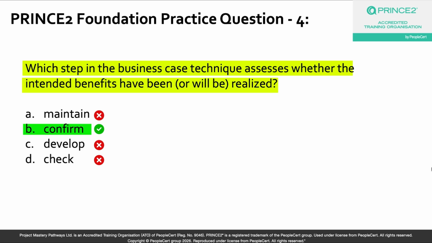The senior user is responsible for confirming whether the forecasted benefits are realized, not realized or partially realized. This responsibility can extend well beyond the life of the project itself. So option B is your correct answer choice to this question.